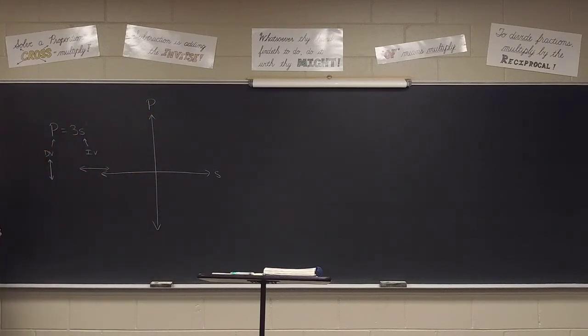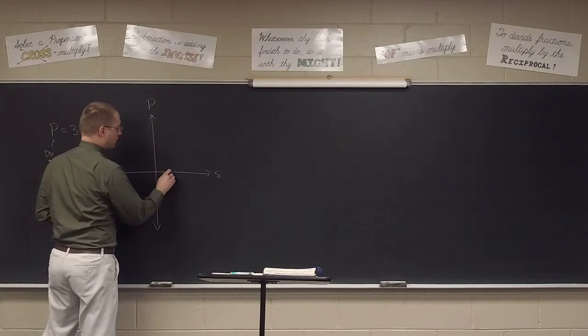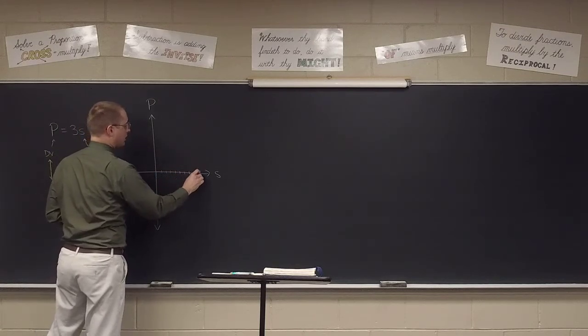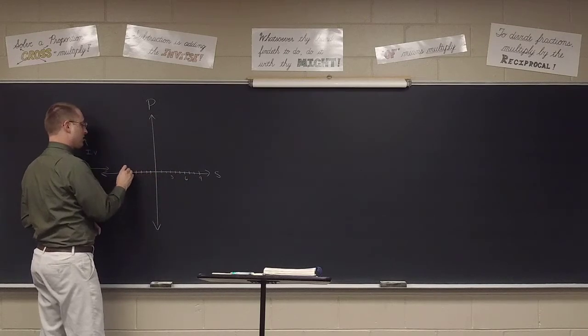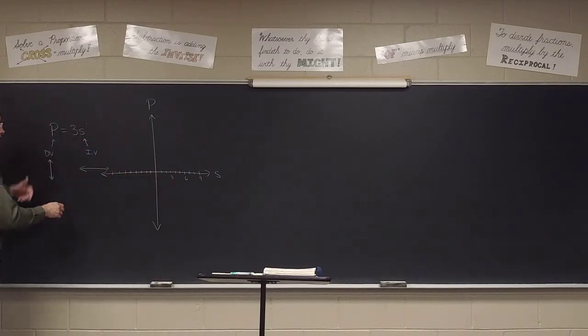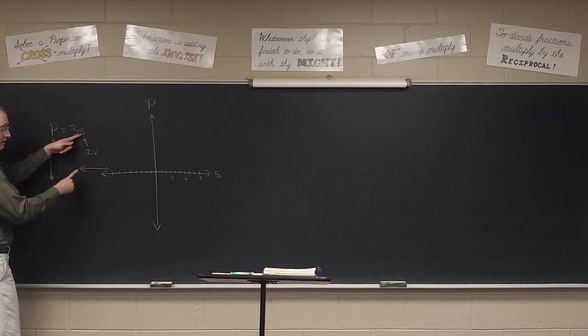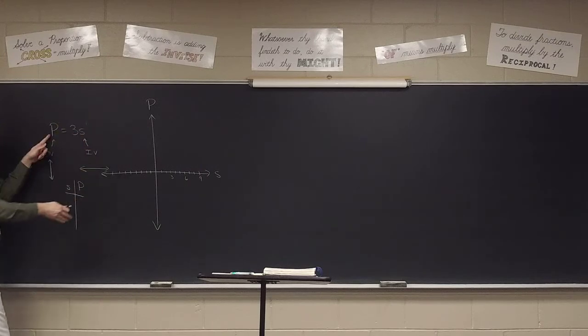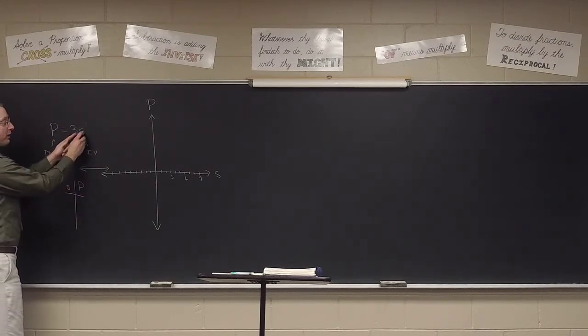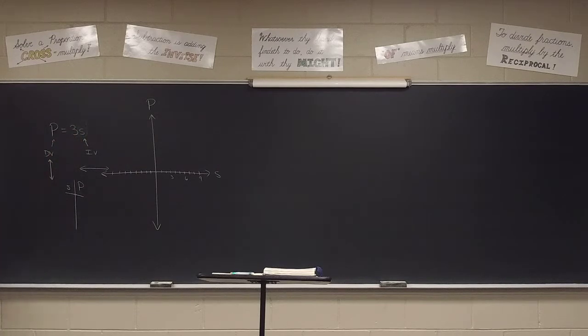You see that? And of course from here we could label all these fun things. Then of course we could set up not an XY table, but an S, P table instead. And we could pick random values to plug in for S. For instance, class, 0, 1, and 2.